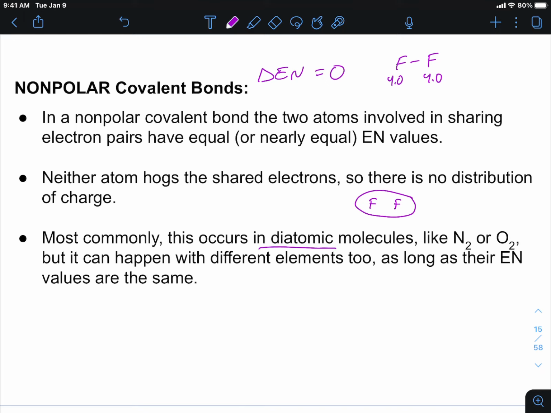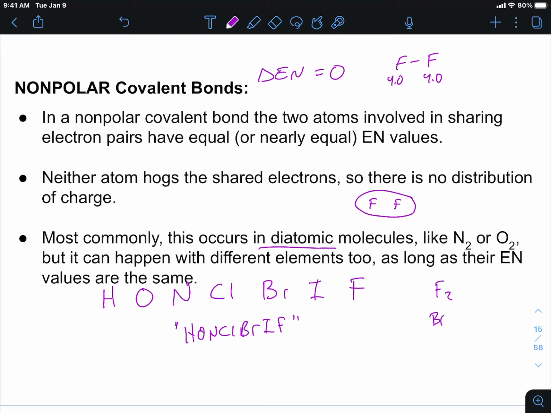We call these diatomic molecules, and there's 7 of them. Hydrogen, oxygen, nitrogen, chlorine, bromine, iodine, fluorine. For short, just remember Hunkelbrief. That's how you know which ones are written with a subscript of 2.